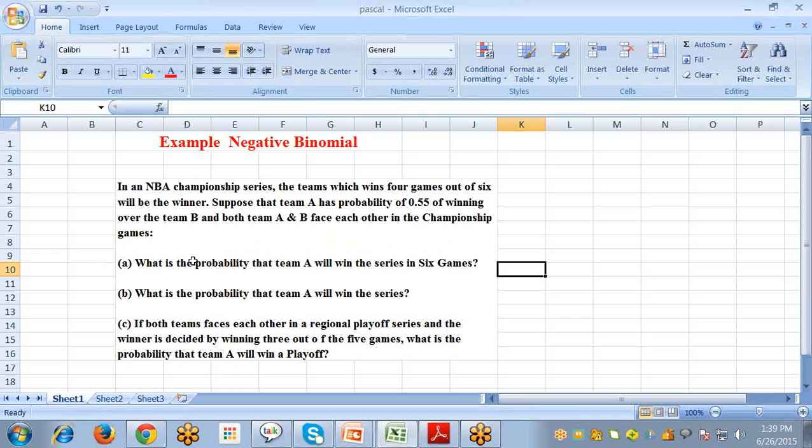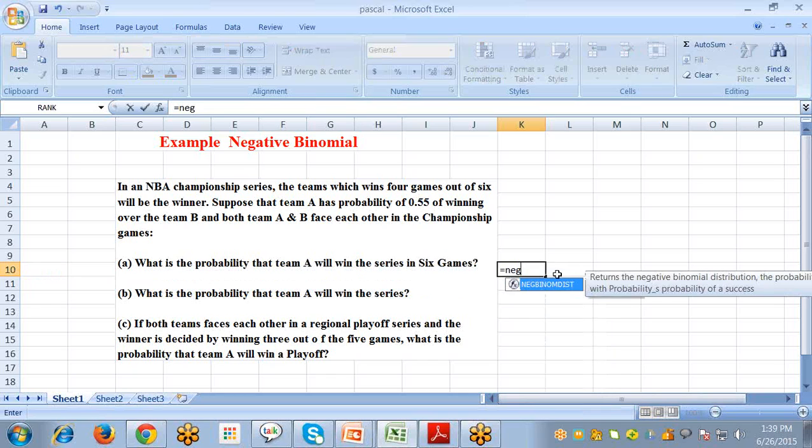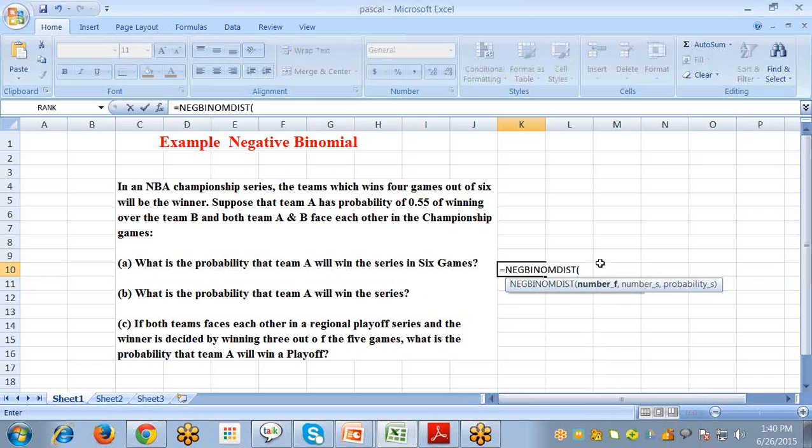The first question: what is the probability that team A will win the series in 6 games? Just select the cell, type the NEGBINOMDIST function, and pass the references for all the arguments. The first one is the number F, the number of failures.